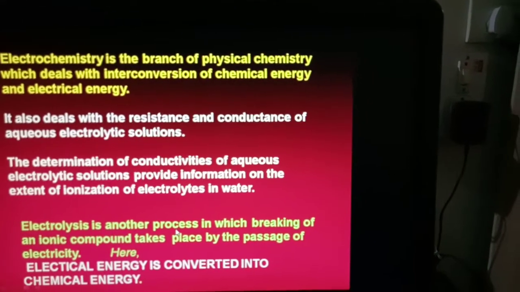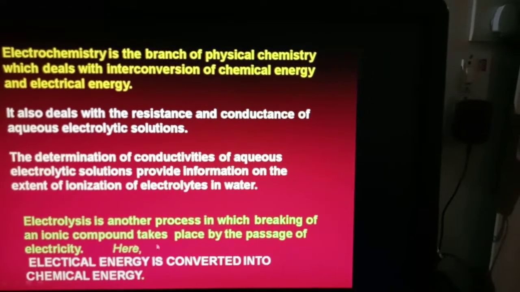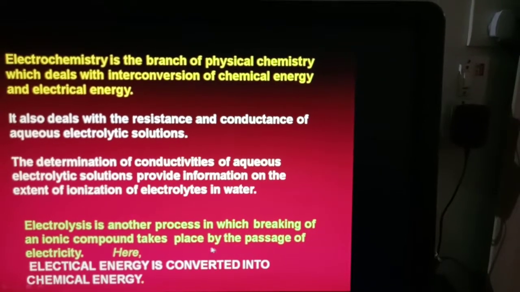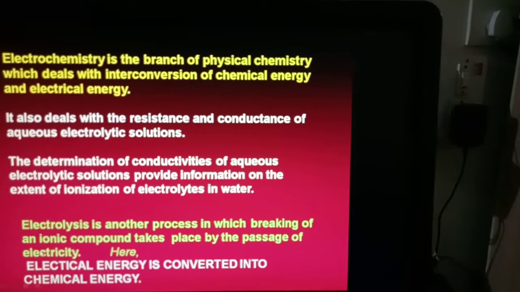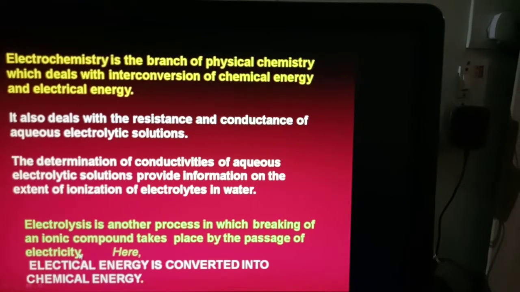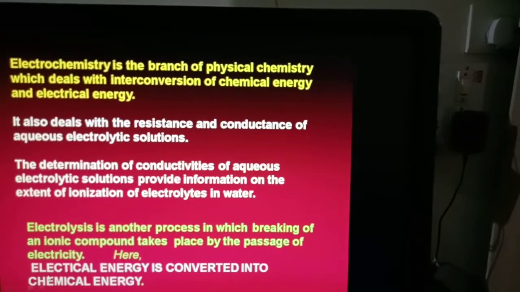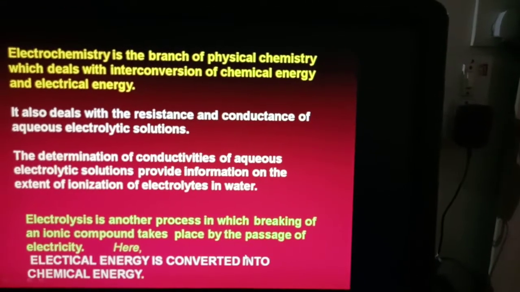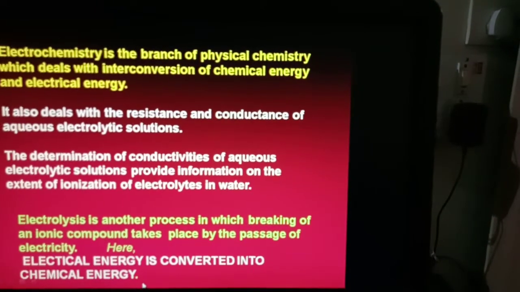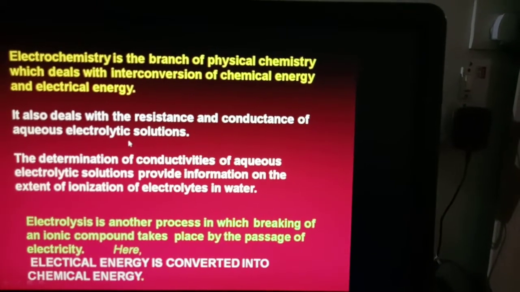Electrolysis is another process in which breaking of an ionic compound takes place by the passage of electricity. Here, electrical energy is converted into chemical energy.